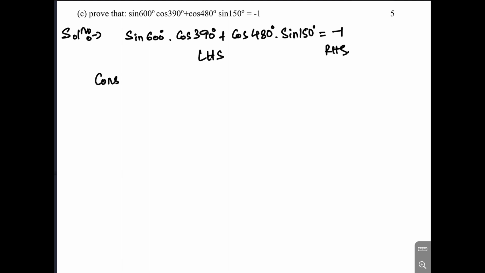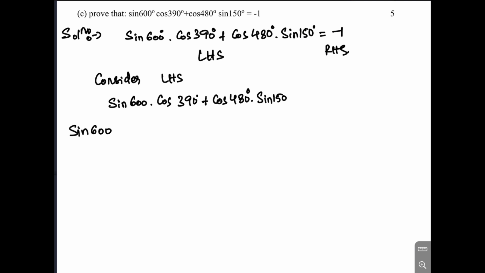Let us consider the LHS: sin 600 into cos 390 plus cos 480 into sin 150. So first of all, we'll try to find the values of sin 600, cos 390, cos 480 as well as sin 150. Let's try to solve the problem.